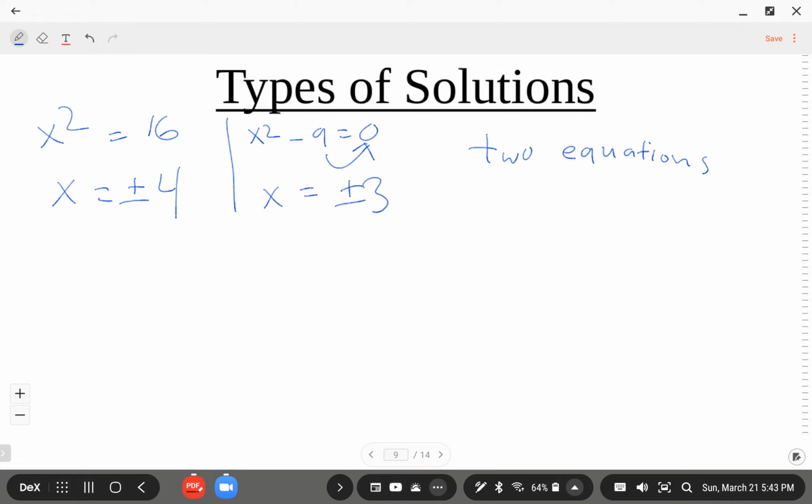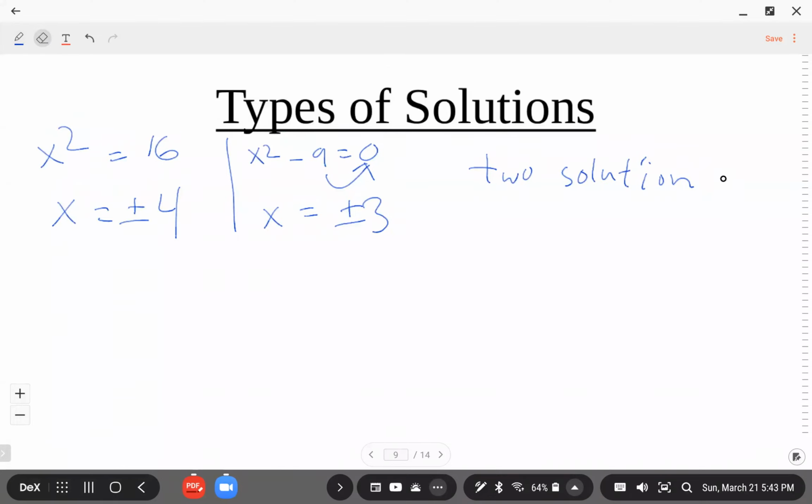Now that we know that most equations have 2 solutions, let's look at other cases. Sometimes we have one solution, and sometimes we have 0 solutions, which is just no solutions.